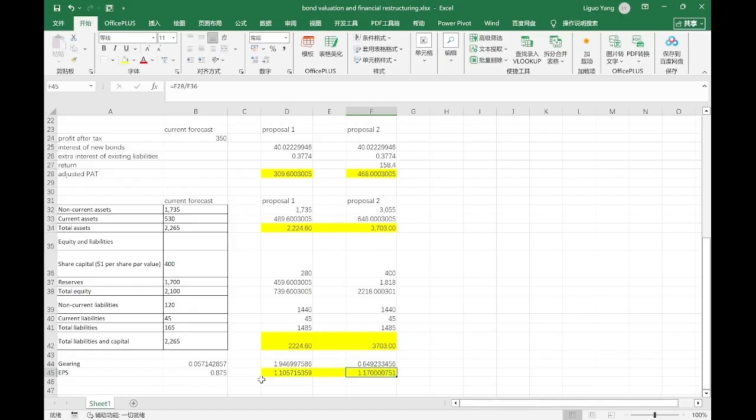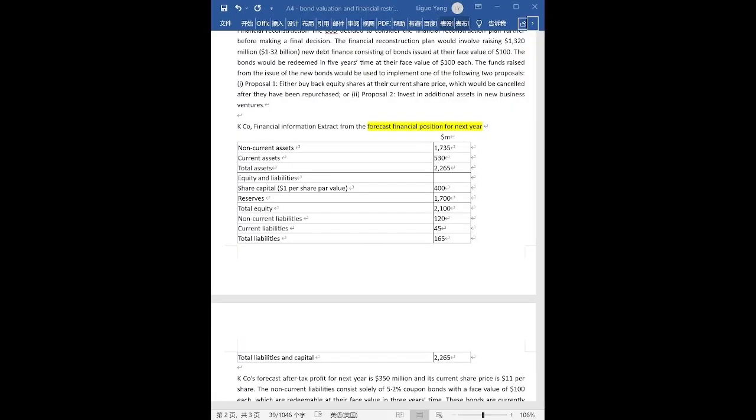So we see, in both scenarios, the earnings per share have increased, and the proposal 2 has a better earnings per share than proposal 1. Okay, so far we have finished all the requirement of calculations.